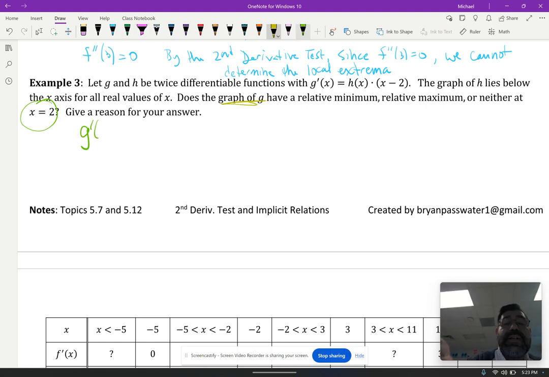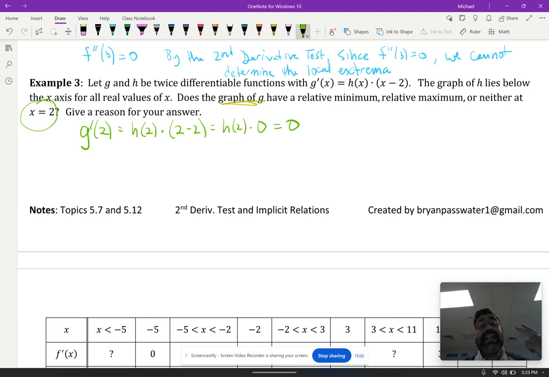All right, so let's plug in 2 into the formula, and we're going to get h of 2 times 2 minus 2, which is going to be h of 2 times 0, and that is 0. So x equals 2 is a critical point. It's a critical value because when I substitute that number into the first derivative, I get 0, right? It makes the first derivative of g equal to 0.